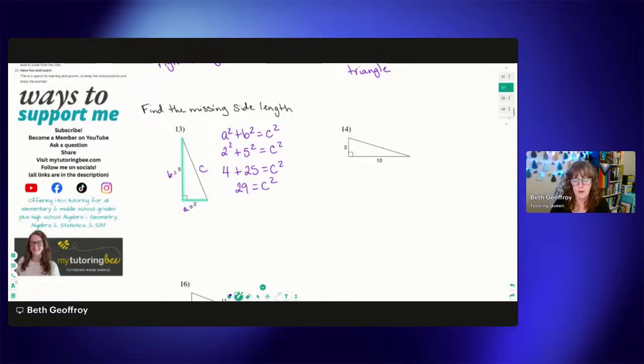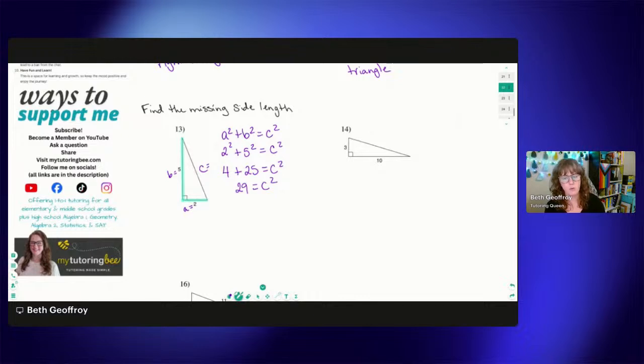And then this is the part where I would say most students make a mistake. They'll say, oh, okay, I got here, so C equals 29. But that is what C squared is. C is just one linear measurement of this side of the triangle.